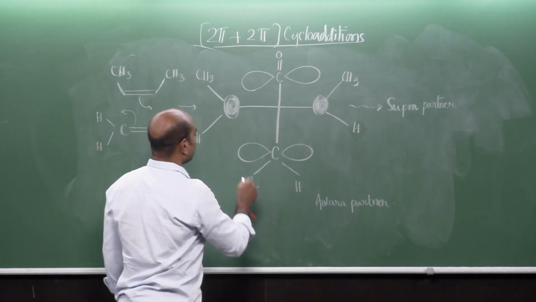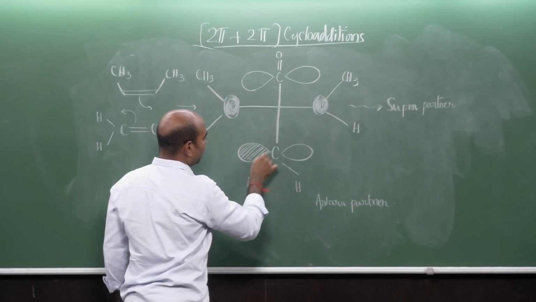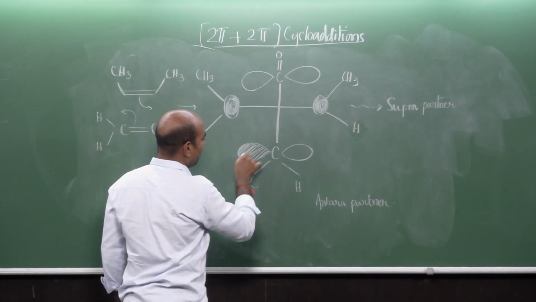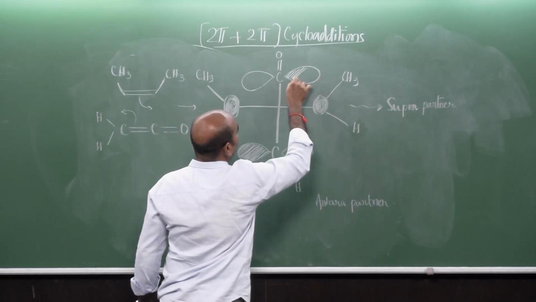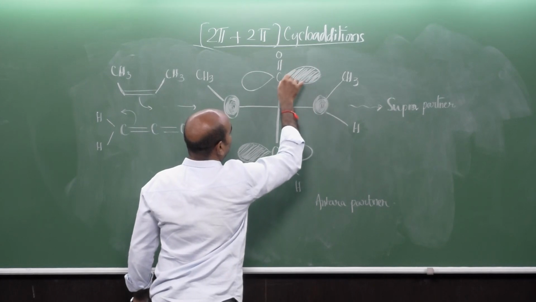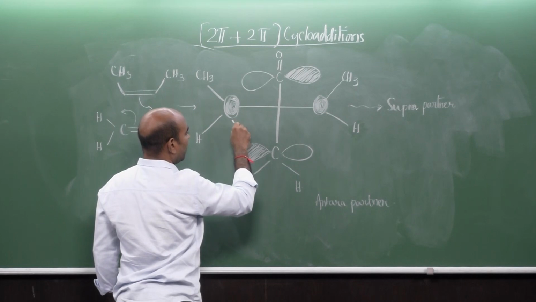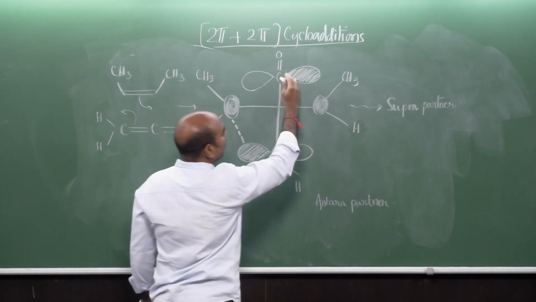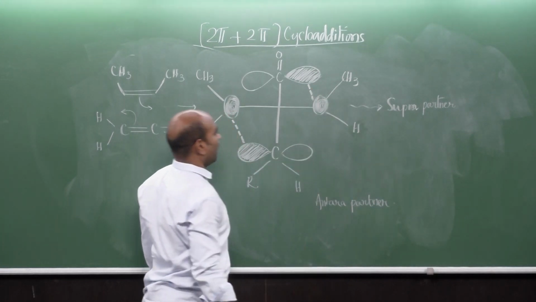Right. So, now as this is an antara partner, lobes from the opposite faces should be used for the bond. So, this lobe is in this face, which is useful for bonding, and this lobe is in the other face, which is again used for the bonding.